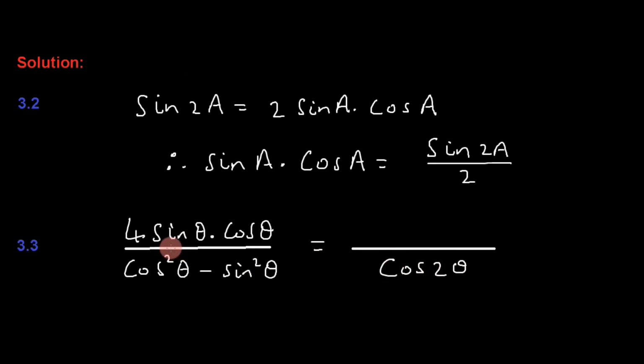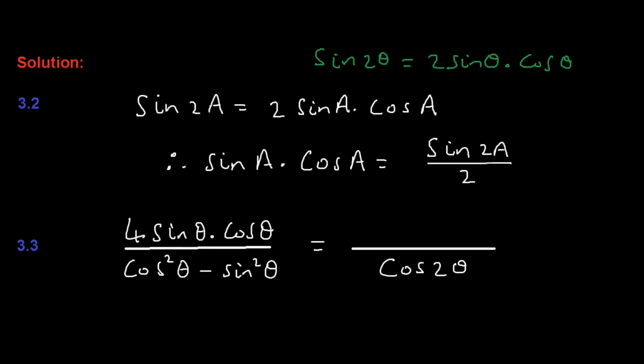If you look at the top, it almost looks like the expansion of sine 2 theta, except that we have a 4 here. Remember that the sine of 2 theta is twice the sine of theta times the cos of theta. Here, however, we have 4 times the sine of theta times the cos of theta.